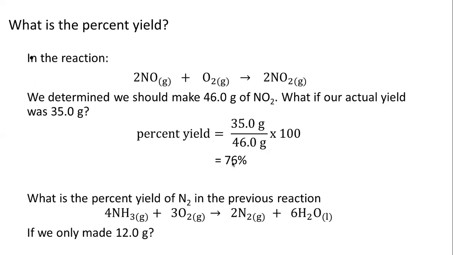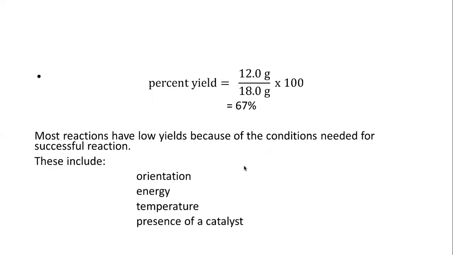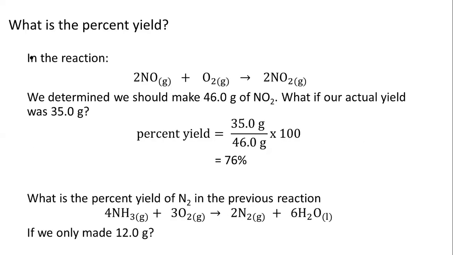That means our percent yield is 76% efficient. So you can take some time and pause the video and calculate a percent yield for nitrogen gas in this equation.